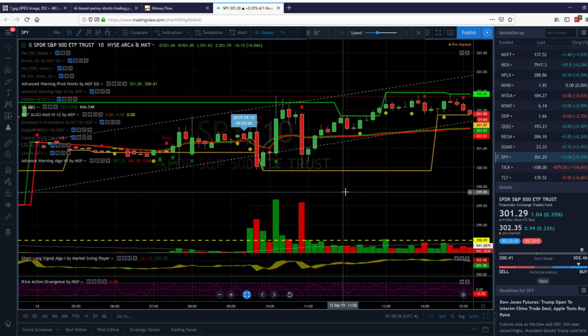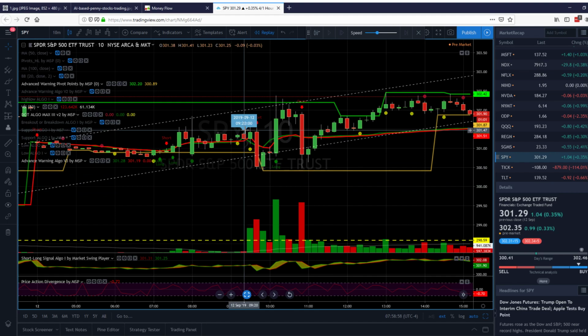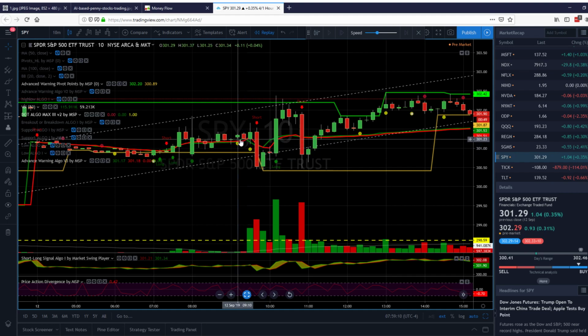Okay, so price is near 301-ish at 0920 when we got the alert. So we could see that was the close there. The market opened up. It looked kind of bullish, didn't it? Looked like it was going to pop.